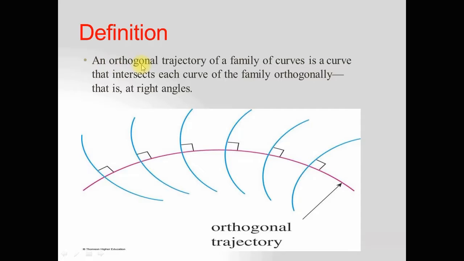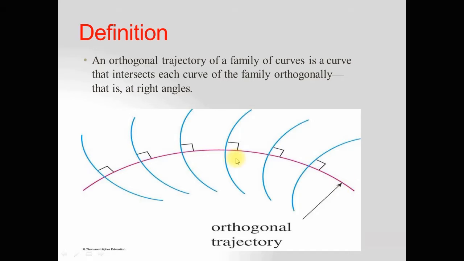An orthogonal trajectory of a family of curves is a curve that intersects each curve of the family orthogonally, that is, at right angles. Suppose you see here, this is one curve and these are the other curves. So this is one family of curves and this is another family of curves.